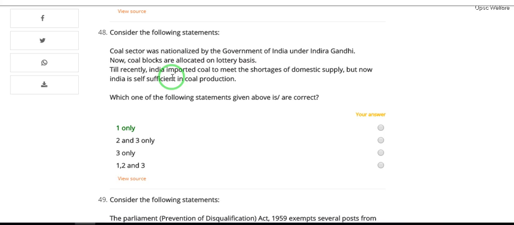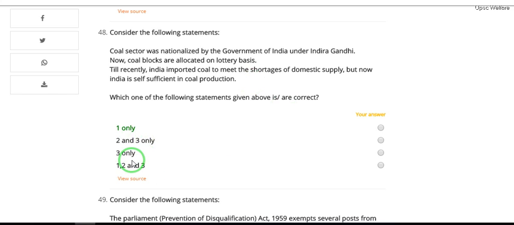And the third one also, actually till recently India imported coal. I'm sorry here, see actually the coal sector, we see that it was nationalized by the government of India under the Indira Gandhi administration. It's absolutely correct. So if I go by the elimination method, definitely B and C are gone.